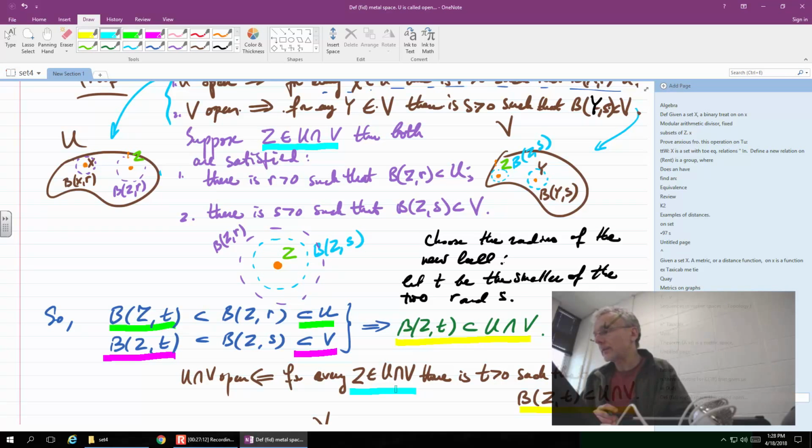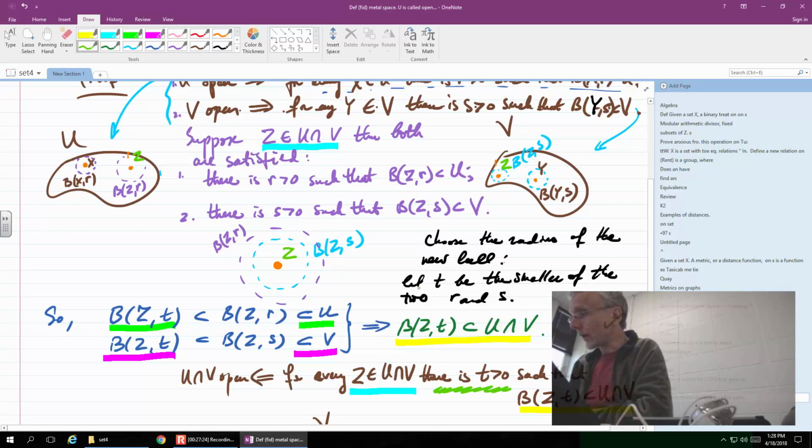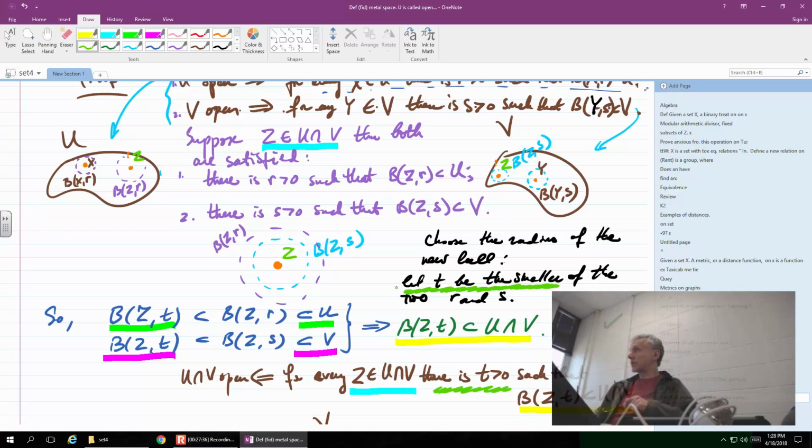At the bottom the question becomes, do we have that T? Yes, we found the T too. Where did we find it? Right here. Let T be the smaller of the two. That is the moment when we found T. The requirement was to demonstrate that there is a T, and we did.